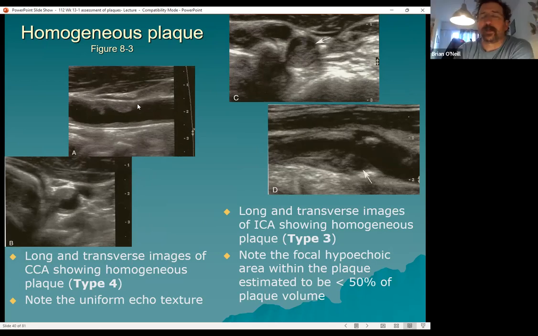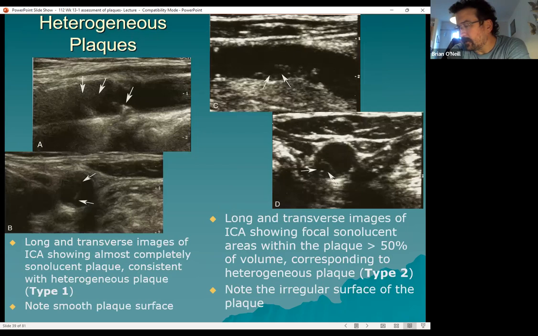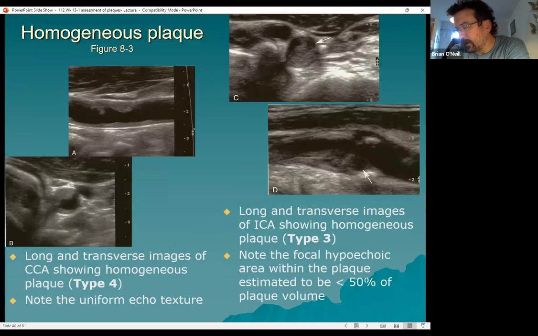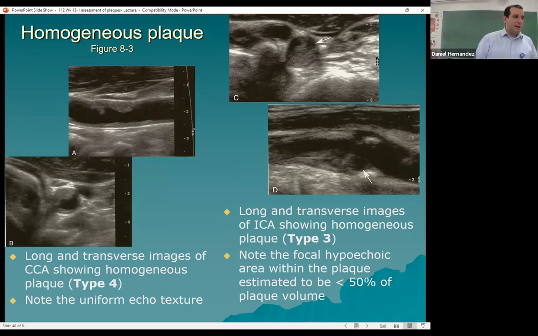But is anything going to be done if it's not greater than what, 75%? In terms of cleaning them out, no, they wouldn't necessarily do anything. They'd realize that this patient is a higher risk candidate for having a stroke. So maybe they would put them on some sort of anticoagulation therapy, potentially.